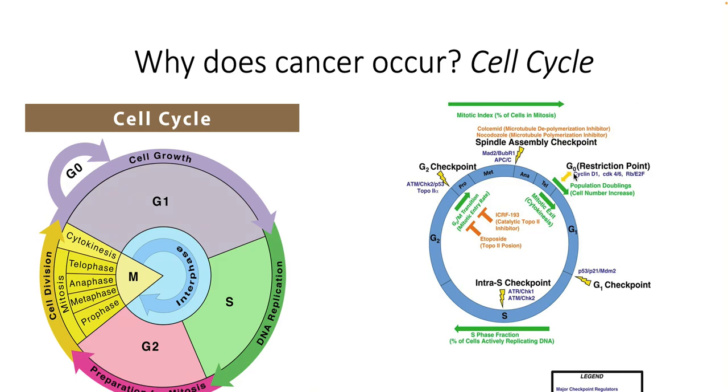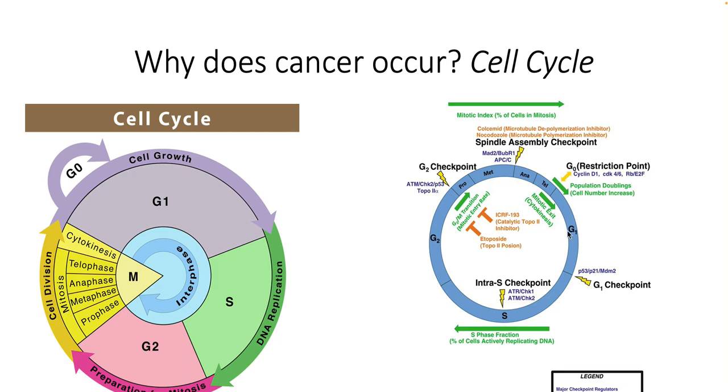There's the G0 checkpoint. This checkpoint is kind of like the fake 5th checkpoint because not every cell has it, only those that are in G0 or have the potential to go into G0. But the main 4 are the spindle assembly checkpoint, the G1 checkpoint.